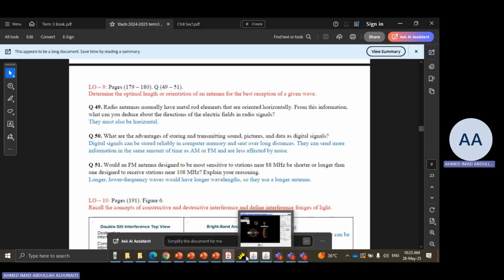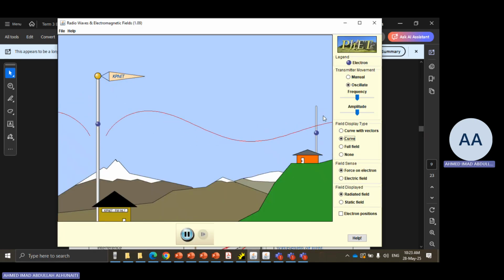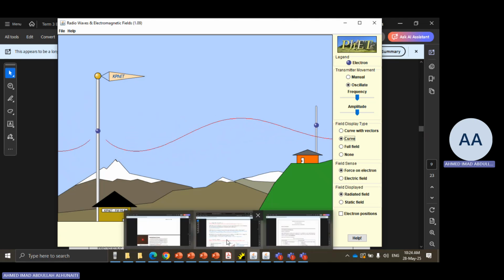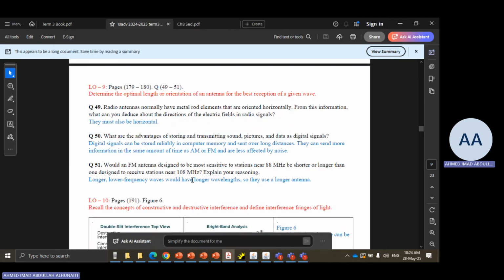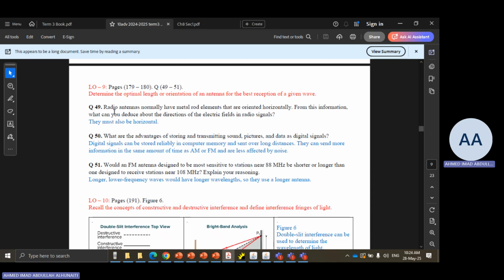Now, your receiver, this antenna, ideally should be lined up such that if the electric field is oscillating, let's say, in the y direction, your receiving antenna should be aligned in the same direction, pointing in the y direction. Let's read this question for a little clarification.